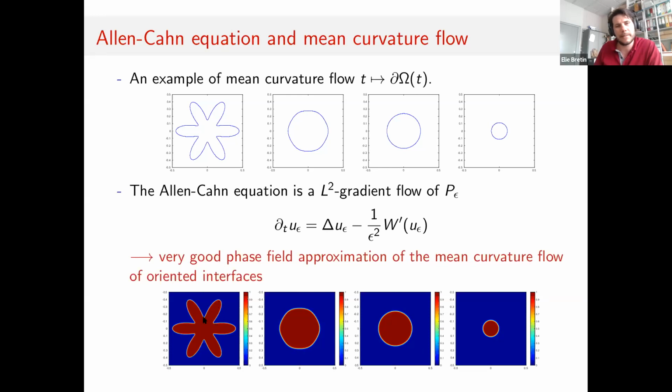Here the characteristic set is smooth, where the size of the smoothing is linked to the epsilon parameter.